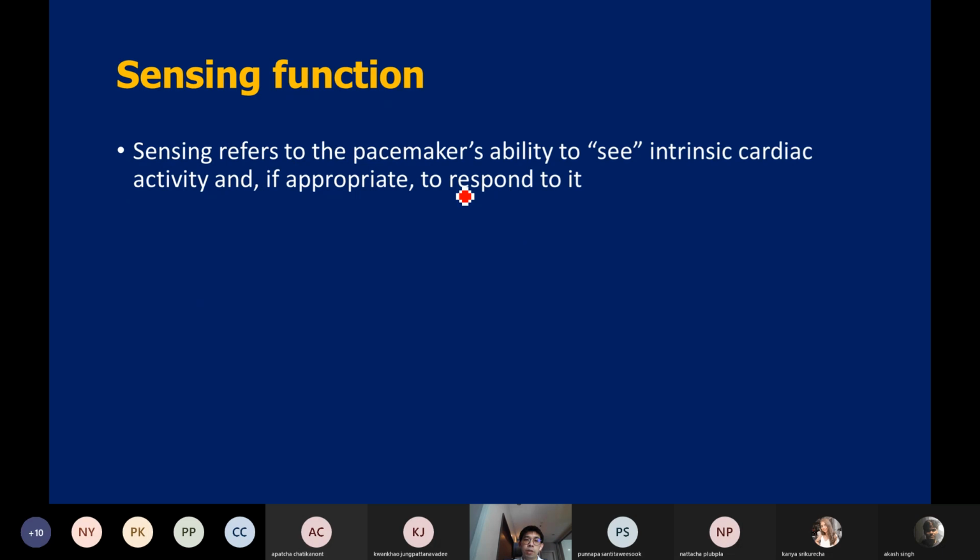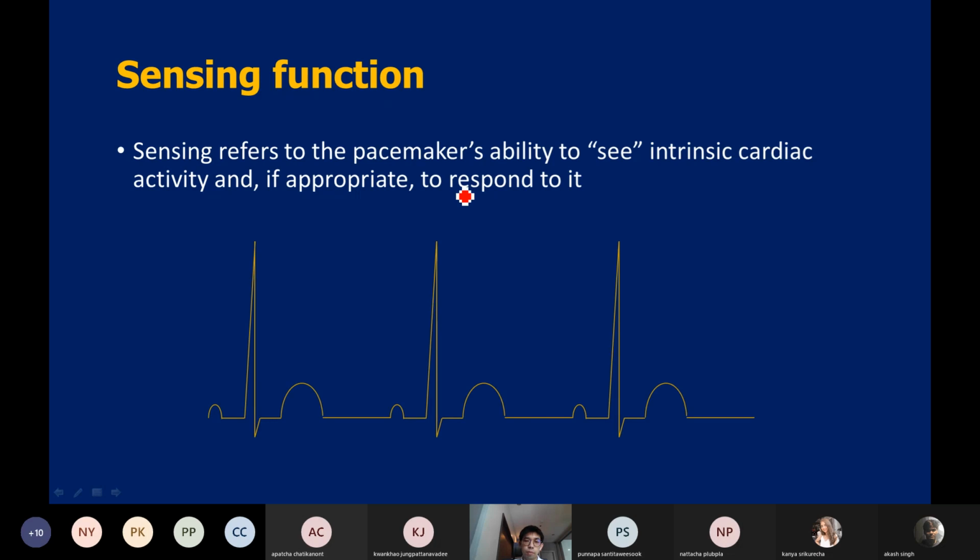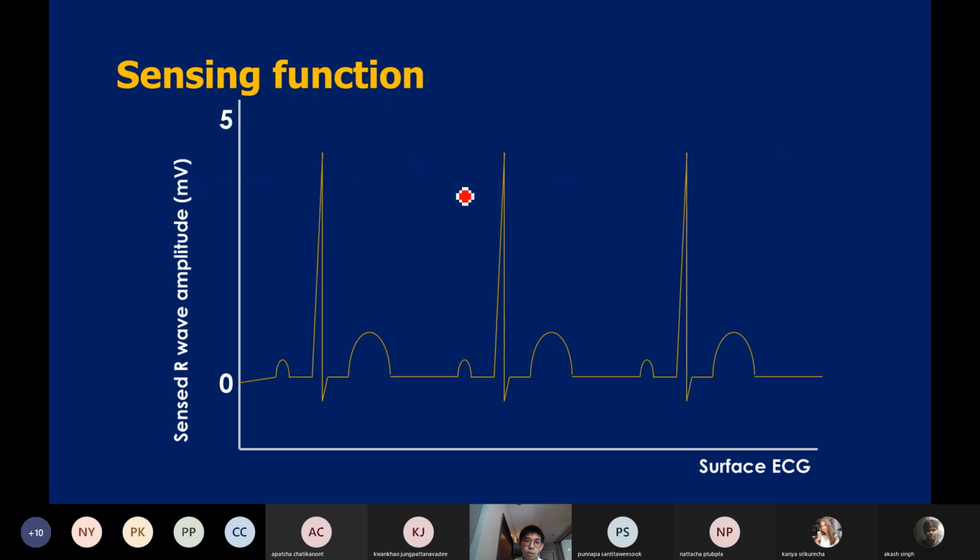As I said before, sensing refers to the pacemaker's ability to see the intrinsic cardiac activity and, if appropriate, to respond to it. This graph shows the sensing function.